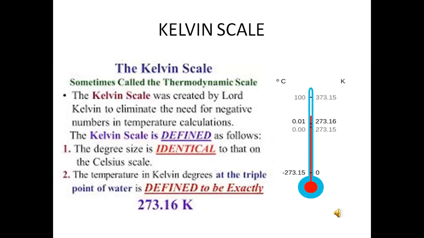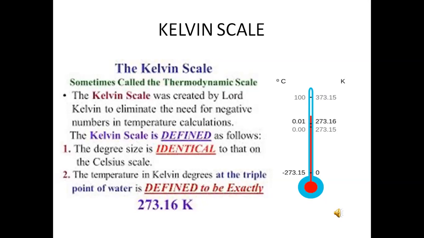Third scale is Kelvin scale, sometimes called the thermodynamic scale. The Kelvin scale was created by Lord Kelvin to claim the need for negative numbers in temperature calculation. So the Kelvin scale is defined as follows. The degree size is identical to that on the Celsius scale.